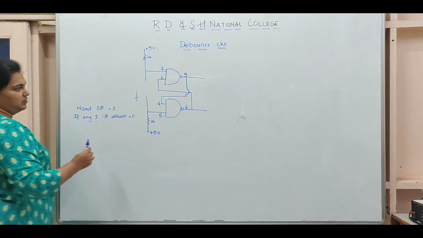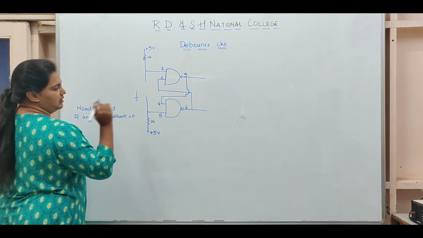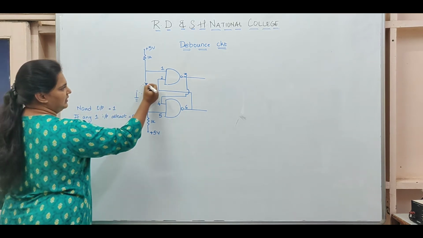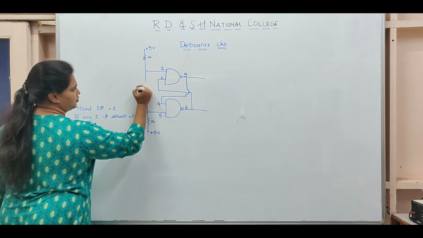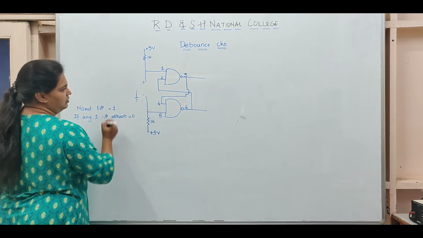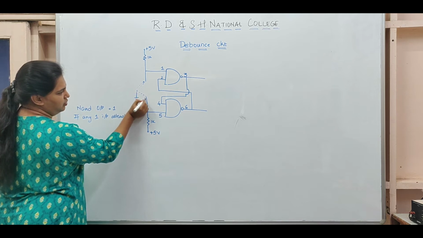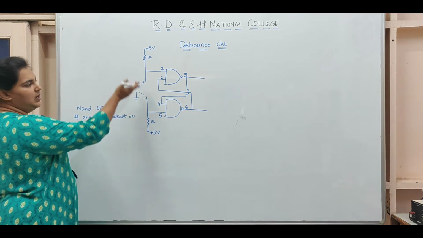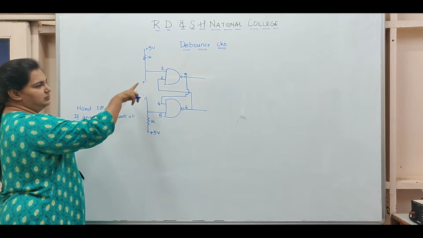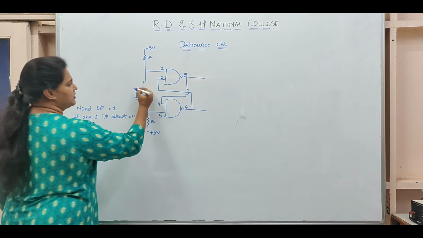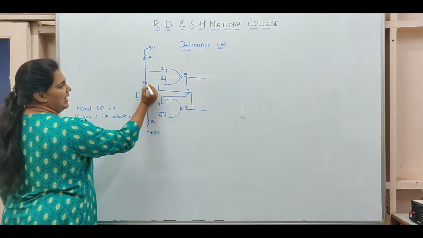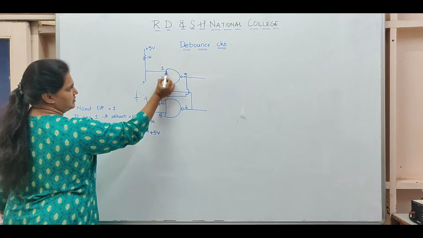Now suppose at one go you can either connect this switch to ground, or you can connect this switch to ground. This way we will be toggling between the two. Suppose I connect this switch to ground. As a result, this pin becomes 0.